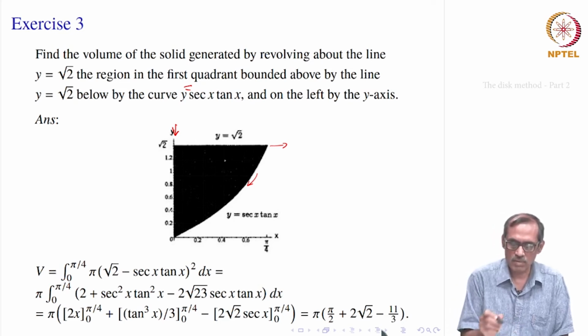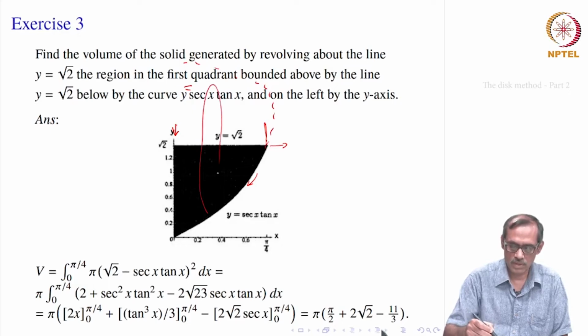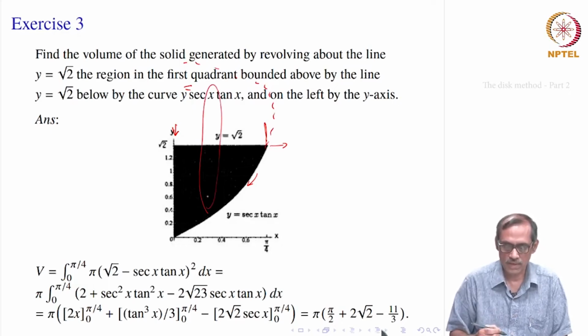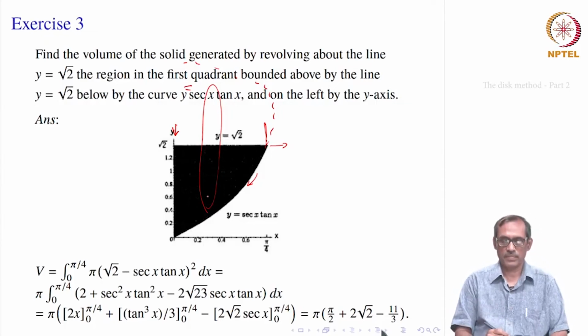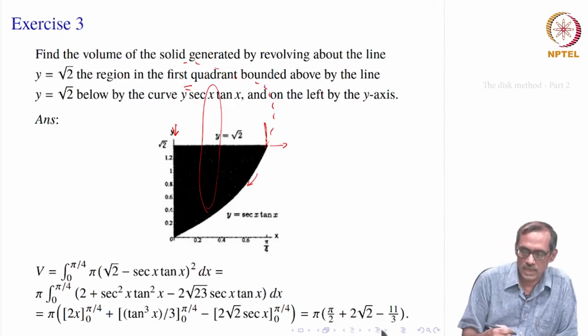This region is revolved about the line y equal to root 2, not about the y axis, but about this line. So, it may turn out something like this, and the cross sectional areas will be looking like this. We want to find the volume of that solid. All we are doing is revolving it around y equal to root 2.